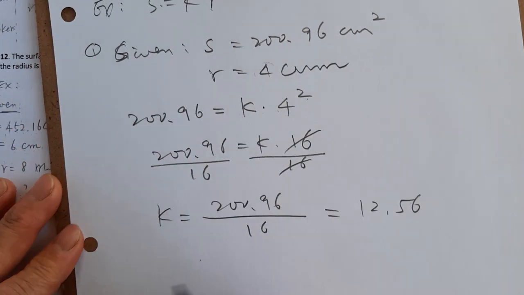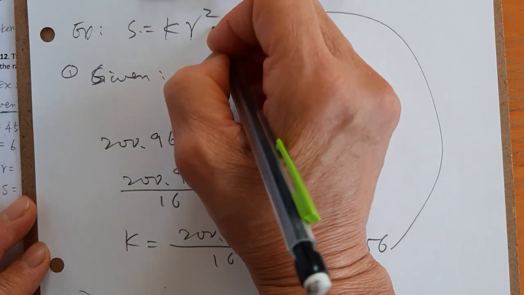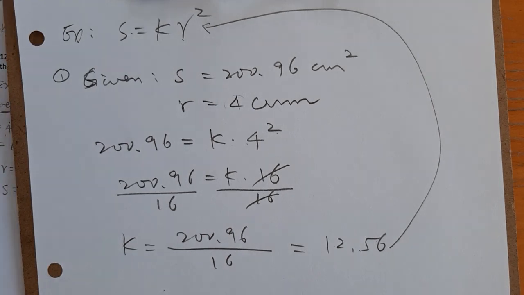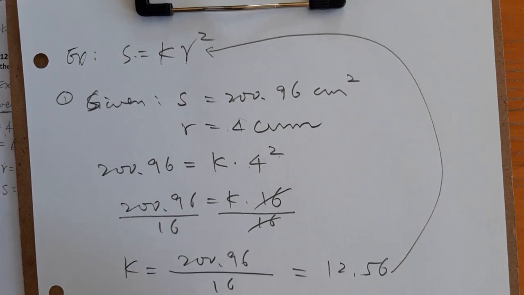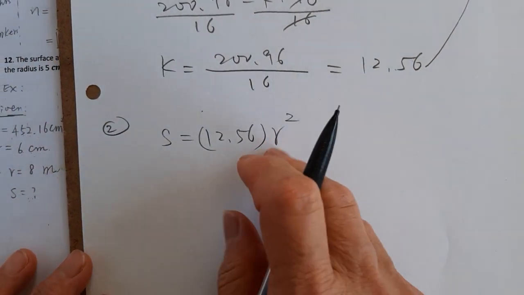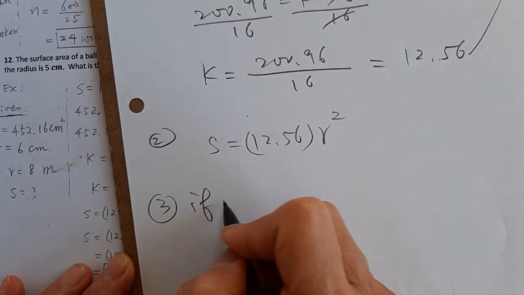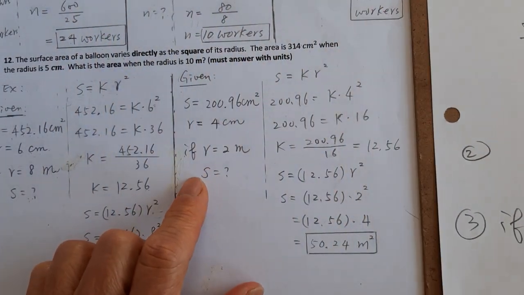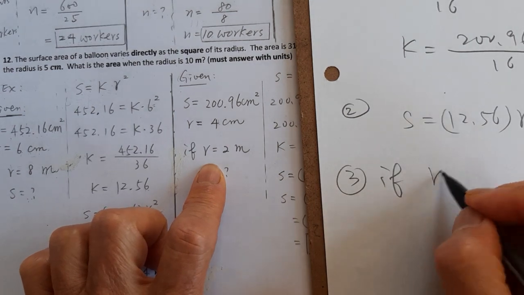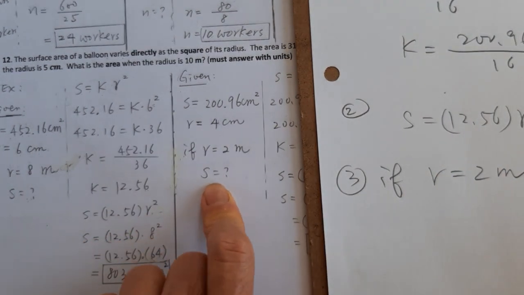So that's the first step. Then K equals 12.56. You plug it into the original, and you get the equation S equals 12.56 times R squared. That's the second step. The third step asks: if R equals 2 meters, what will S be?